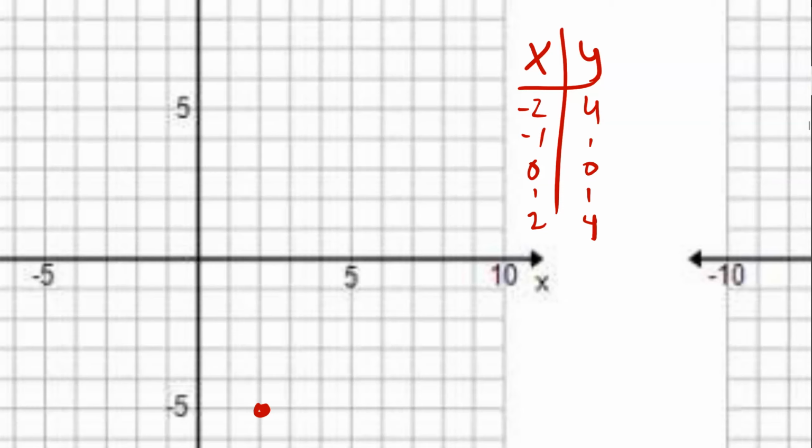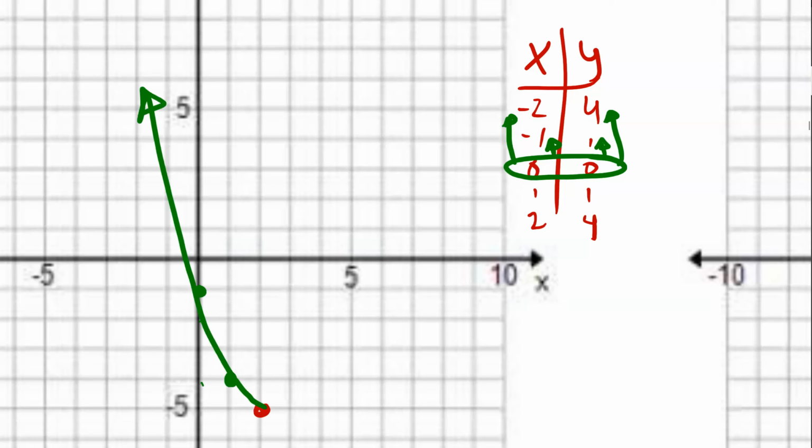This is always my vertex, the middle one. If I go to the left of it by 1, I go up by 1. So you go left 1, up 1. If I go to the left of my vertex by 2, I go up by 4. Left 2, up 1, 2, 3, 4.